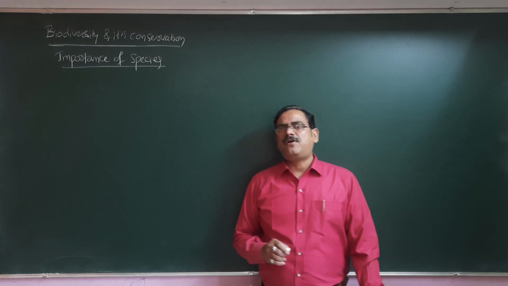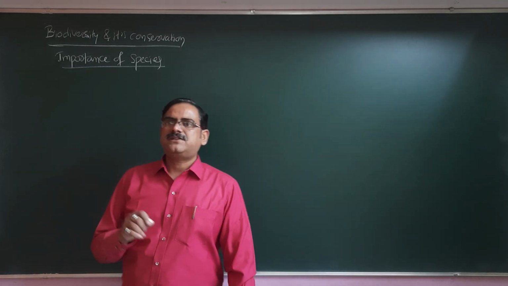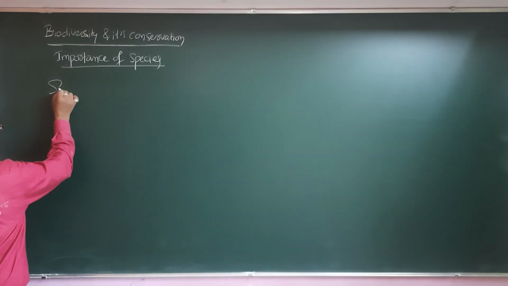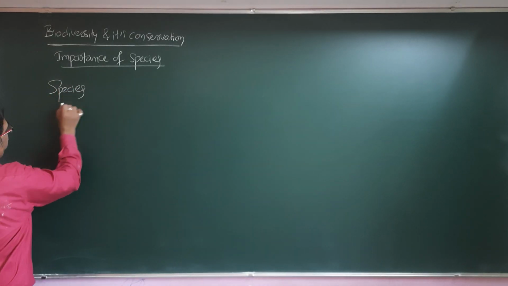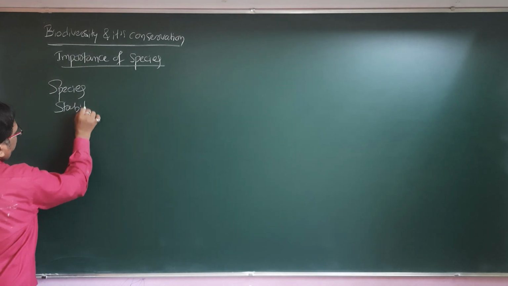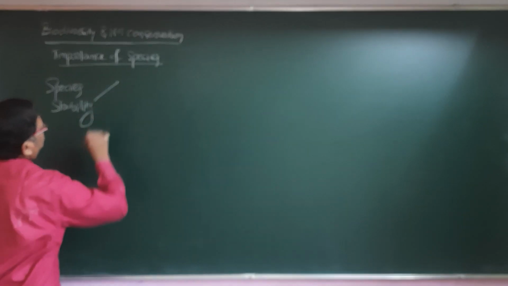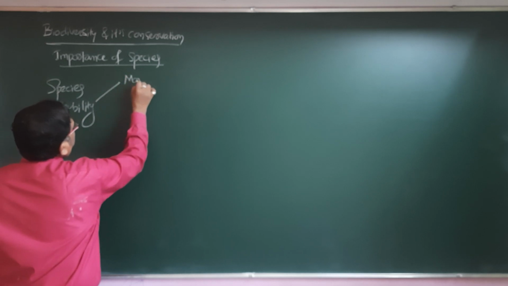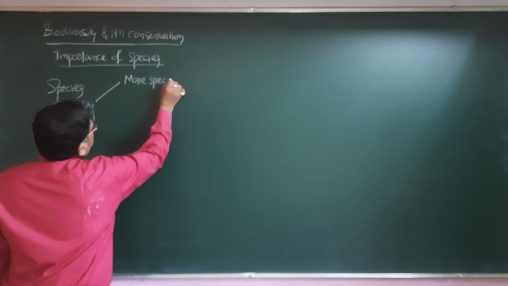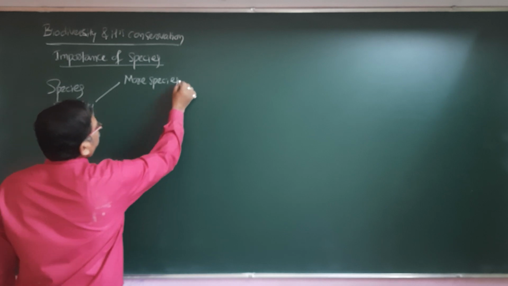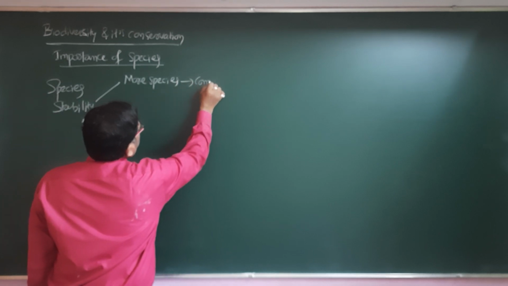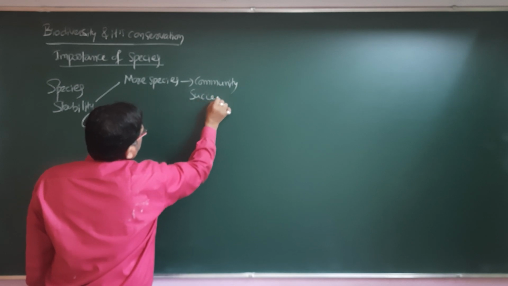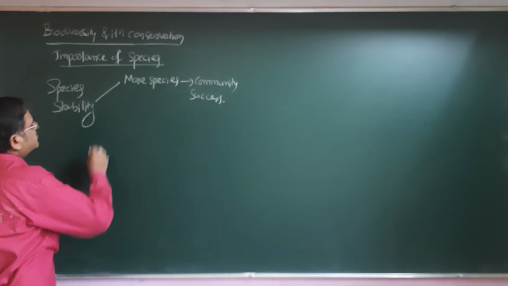As we keep on understanding what makes the species survive, we call it species stability. Species stability depends on, we can say, more species, which leads to community success or better survival.